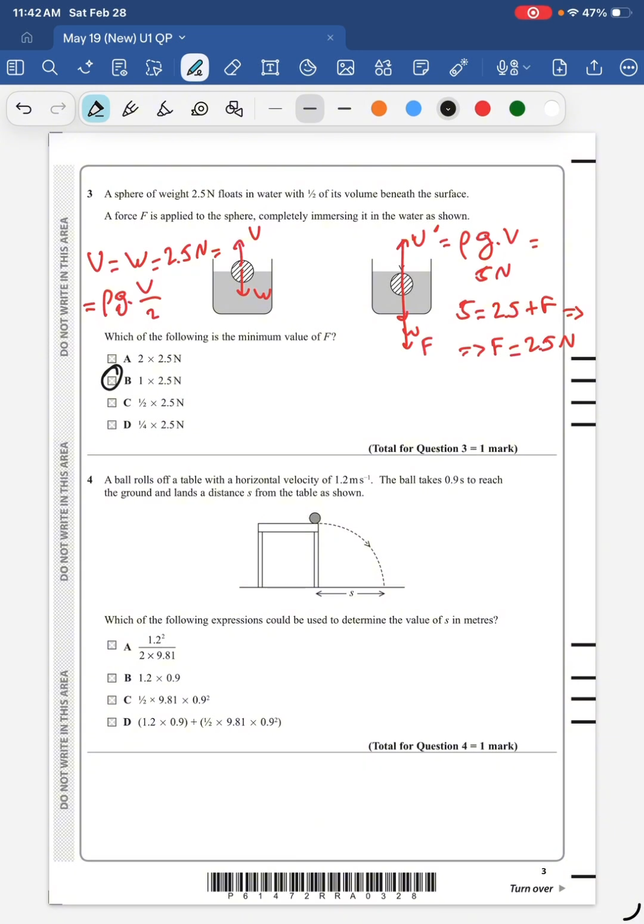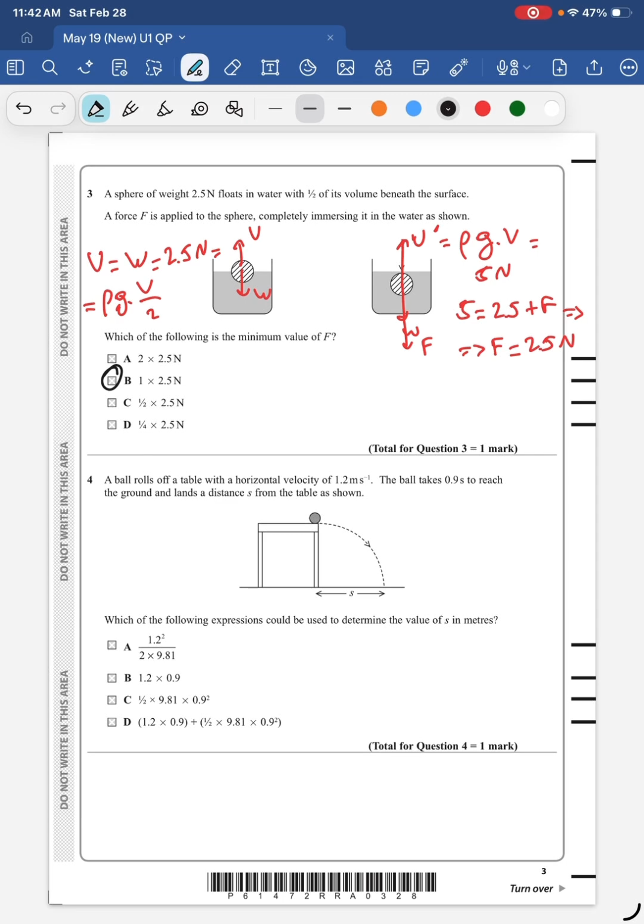Question 4. A ball rolls off a table with a horizontal velocity of 1.2 meters per second. The ball takes 0.9 seconds to reach the ground and lands at distance s from the table as shown. Which of the following expressions should be used to determine the value of s in meters? s is related to the horizontal motion of the ball, and I have a video analyzing all these motions.